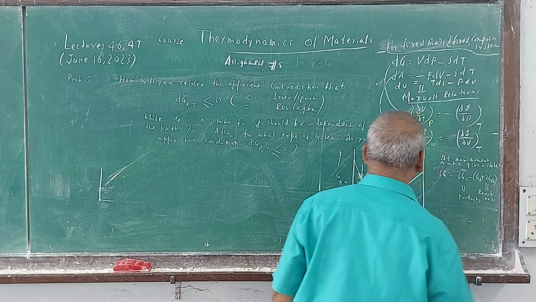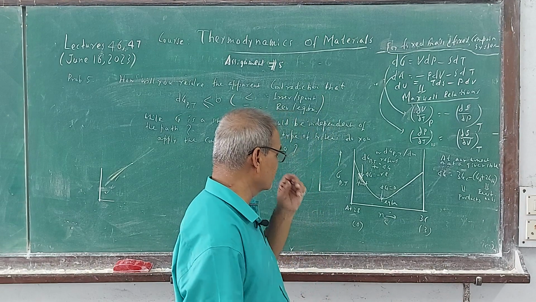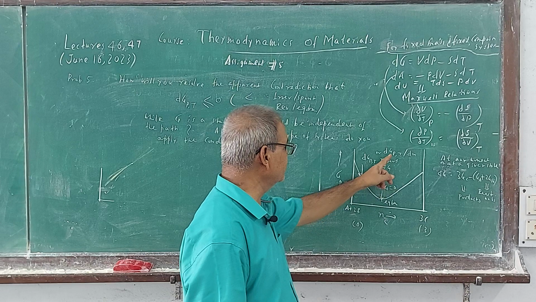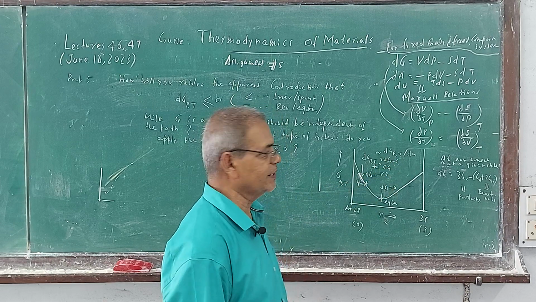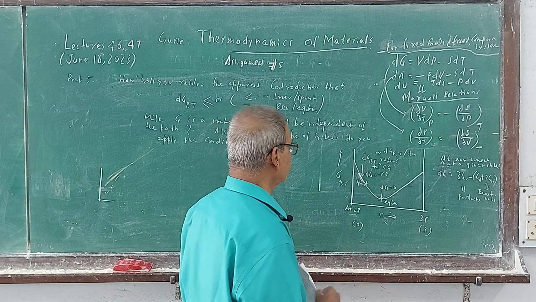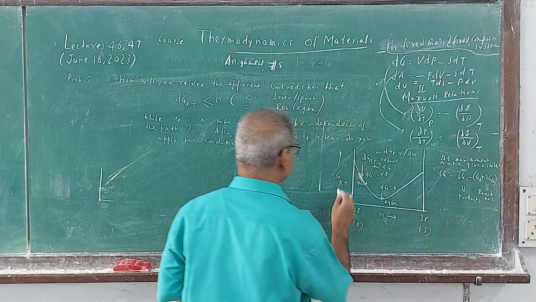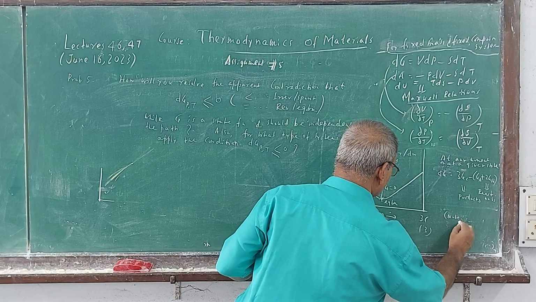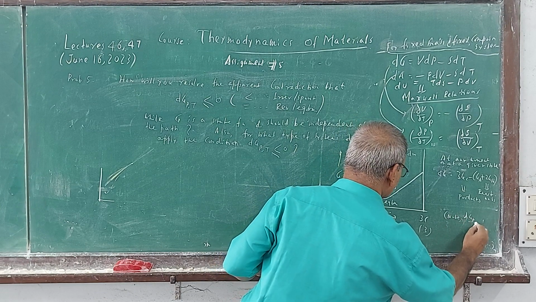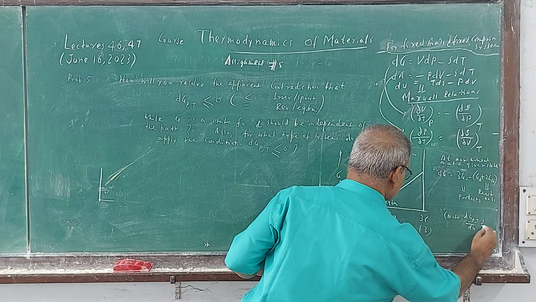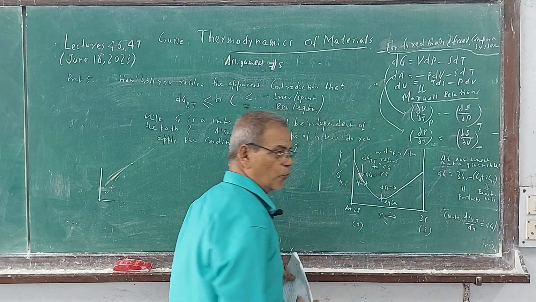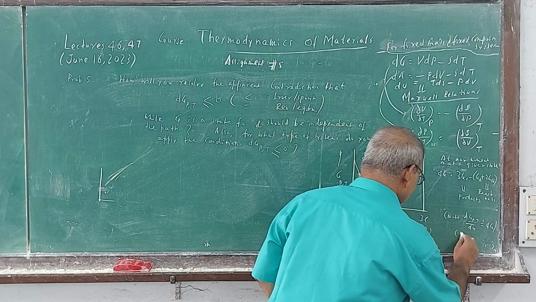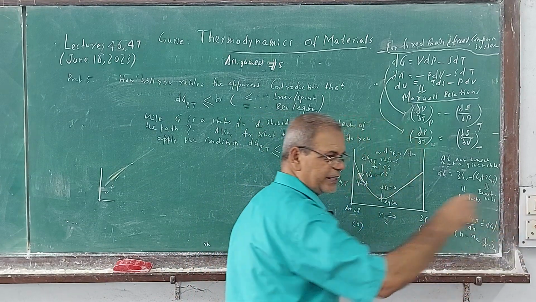Follow this, what I try to mean. DGPT DN is exactly delta G. Note here, DGPT DN is delta G, exactly delta G. You plot the slope, where N means NC here, the extent of the reaction.